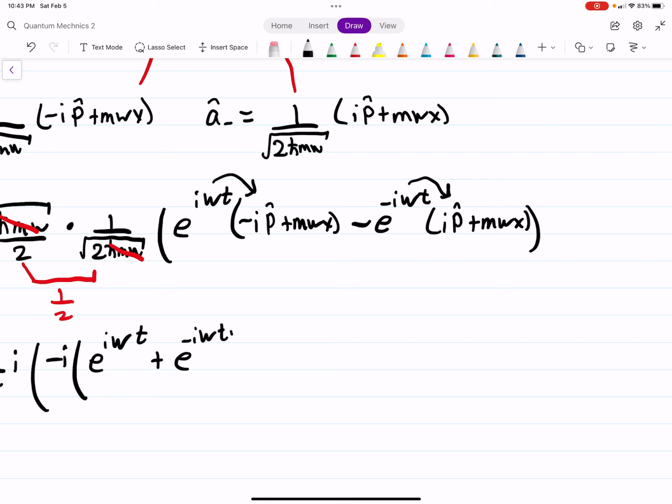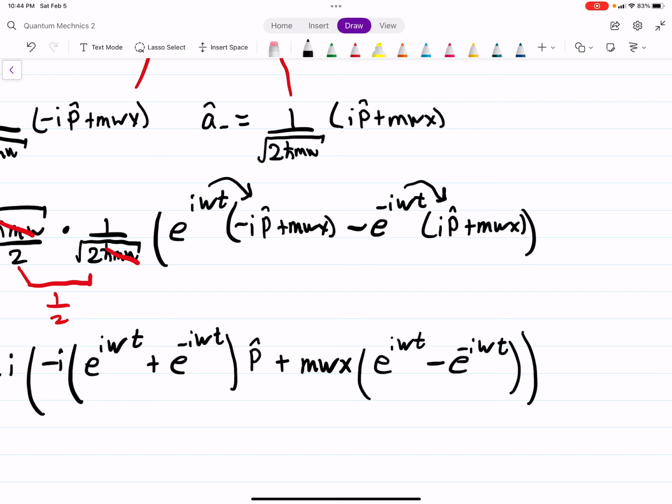Okay. And then we're going to have our p hat on the outside. Again, the order matters. The p's outside. And then for the m omega x, not really, because x, it doesn't matter its position. So just factoring out what they have in common.